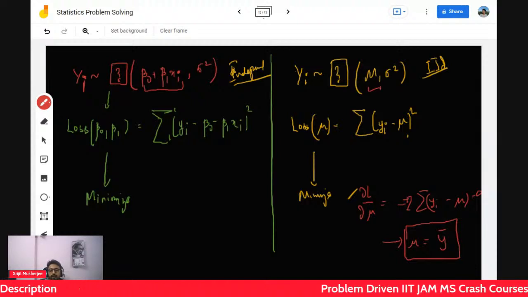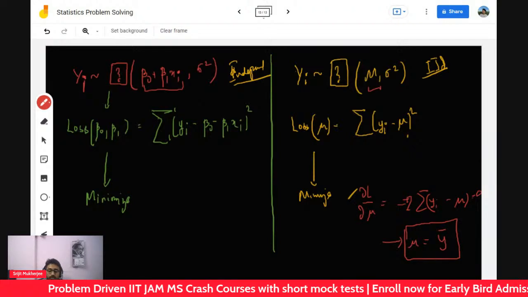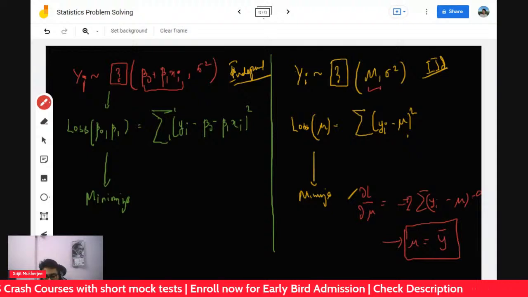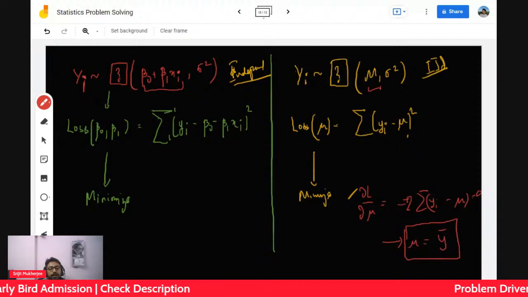Did you understand it, guys? This is very important. How can the least square estimate be extendable to this case? Now I also told you how the loss function is defined.